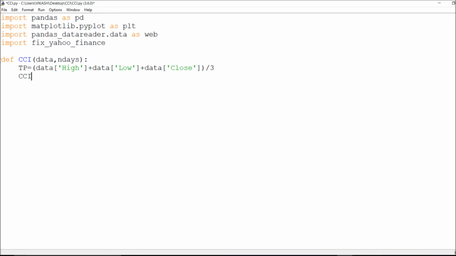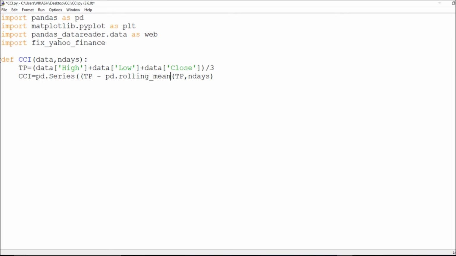Then I need to define the commodity channel index, which should be a series: the typical price minus its rolling mean, which is the rolling underscore mean of the typical price over n days.